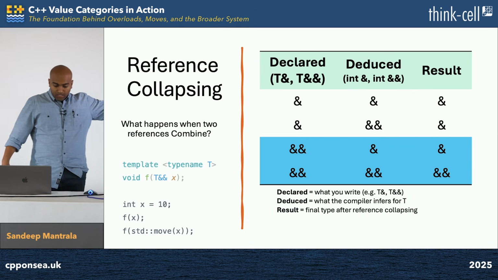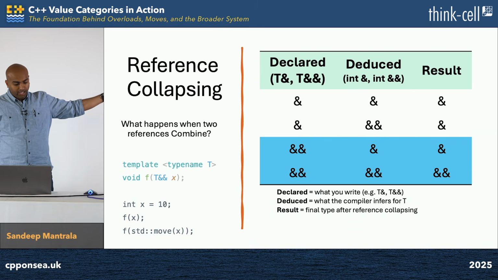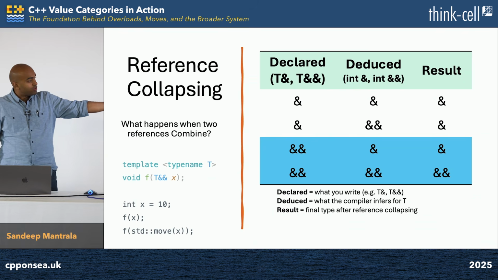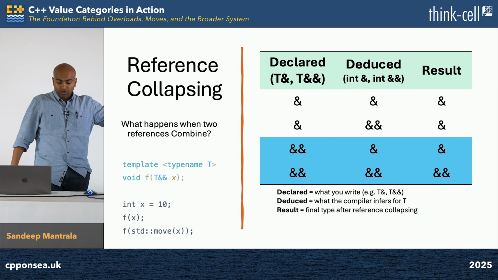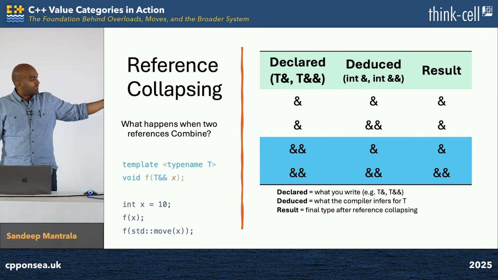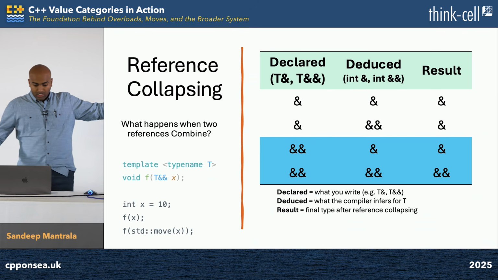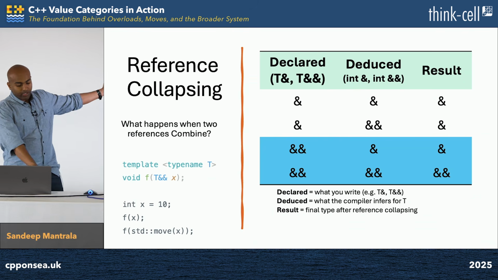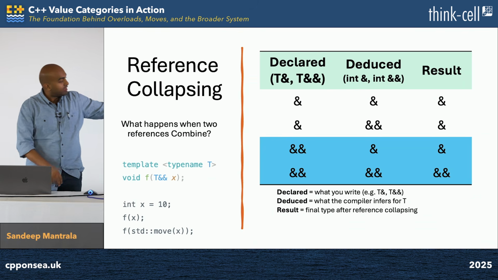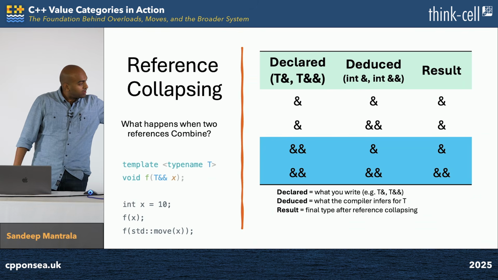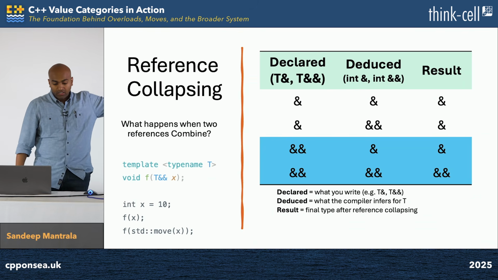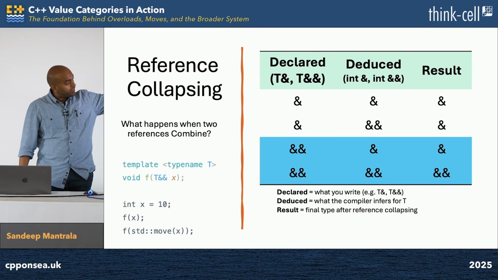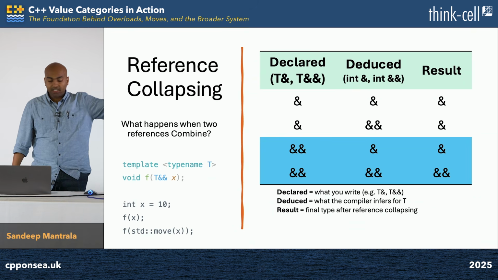In the second example, f(std::move(x)), what happens? std::move of x produces an x value. When you call it with the template T&&, T is deduced as int, and it collapses with && which results in an R value reference.